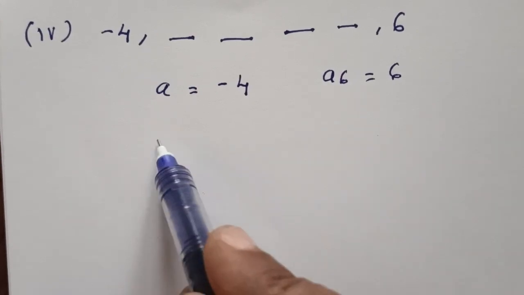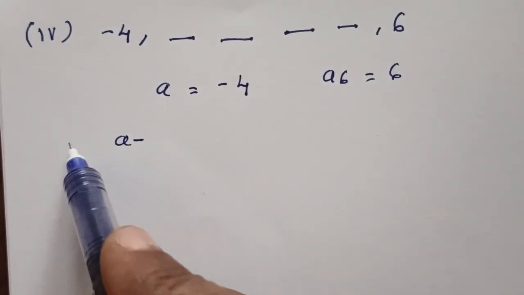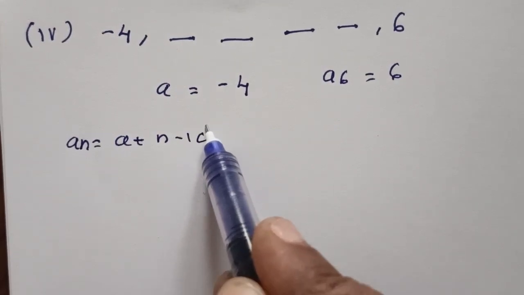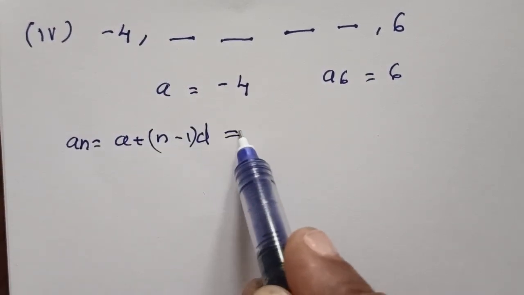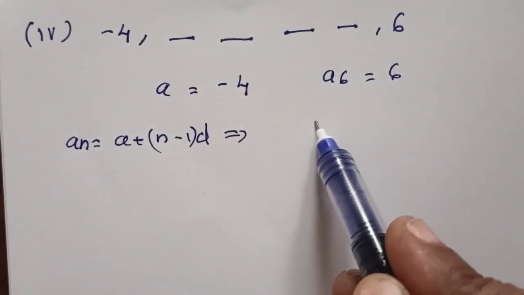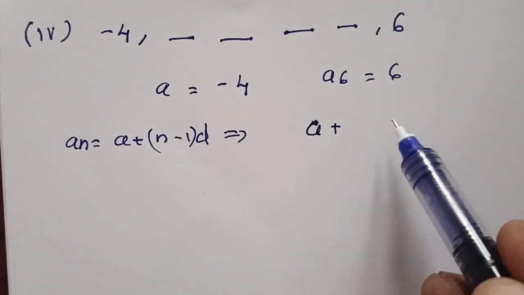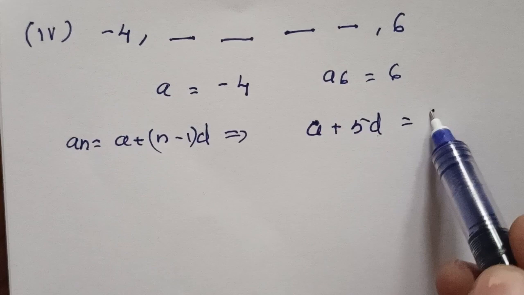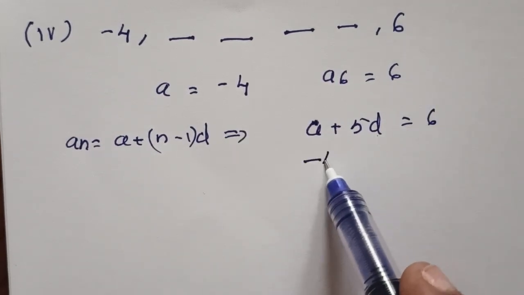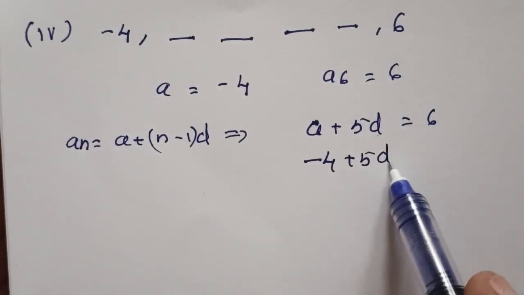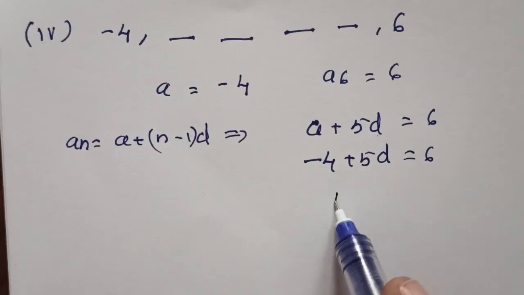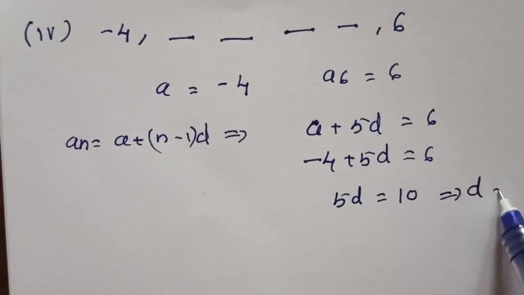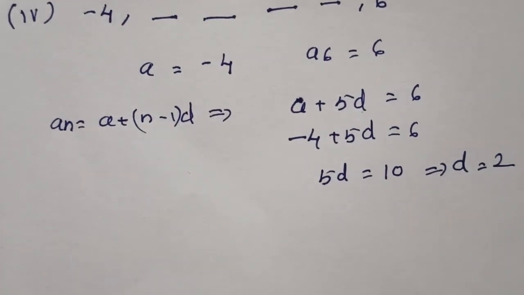An equals A plus n minus 1 into D. Using this formula, we get A6 equal to A plus n minus 1, that is 5D, equal to 6. A is minus 4. Minus 4 plus 5D equal to 6. From this one we get 5D equal to 10 or D equal to 2. Common difference equal to 2.